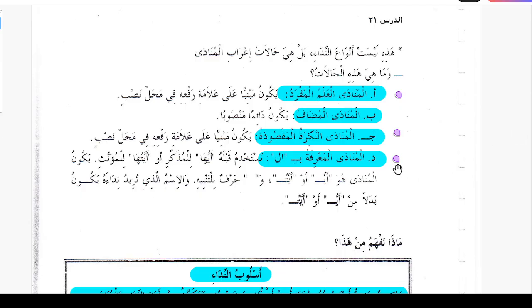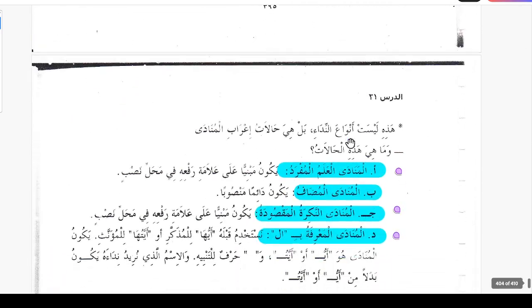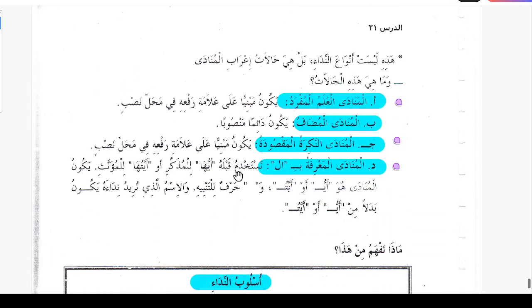And the fourth kind is al munada al marifa bi al. Now we are calling somebody with al. So how is that gonna work? Nastakhdimu qablahu ayyuha. So we use ayyuha for lil muzakkari, for masculine, or ayyatuha for feminine.